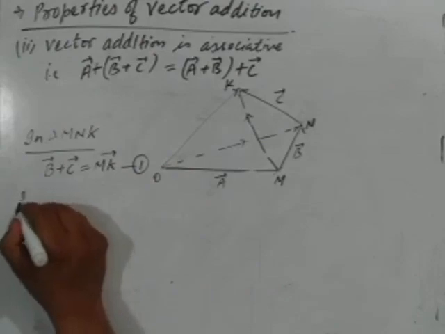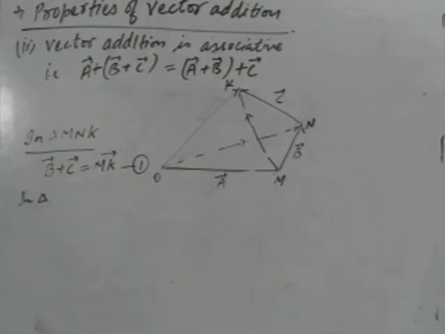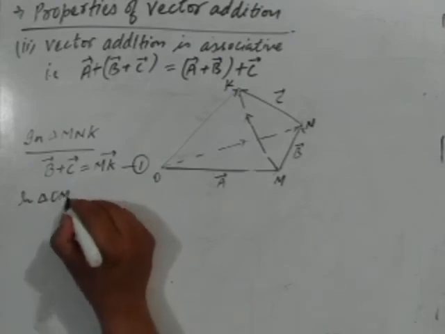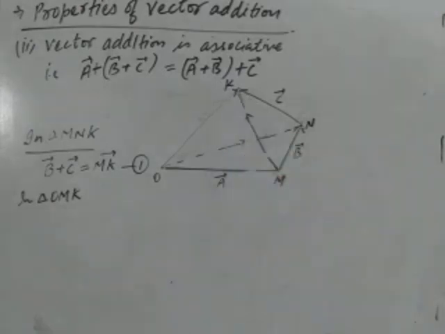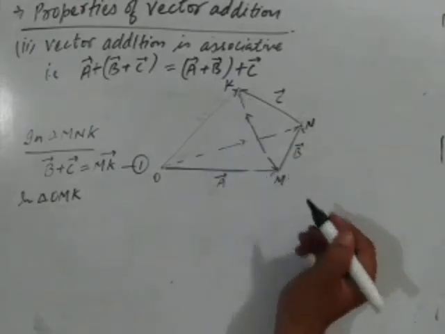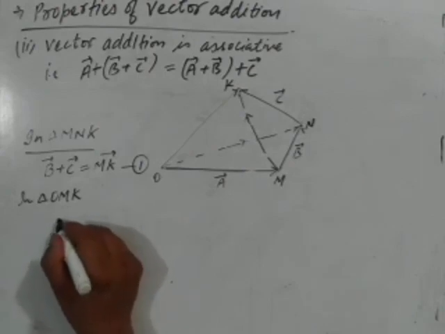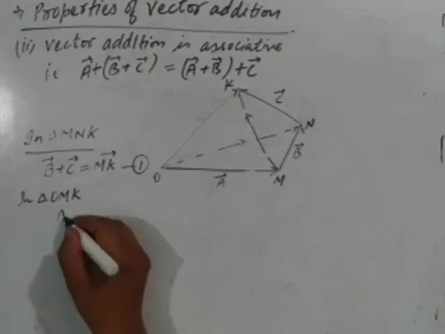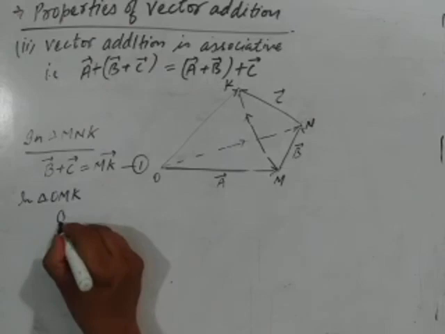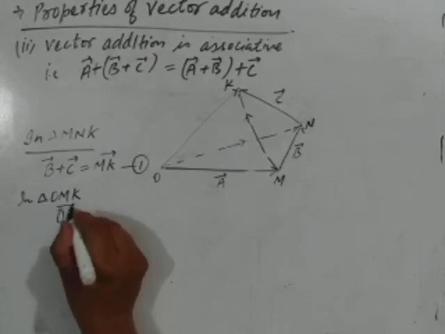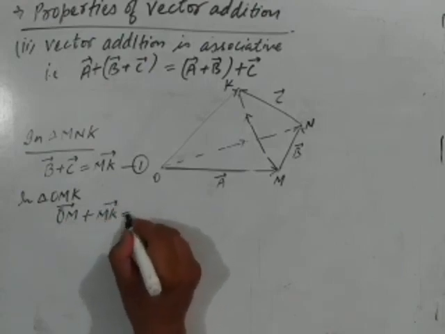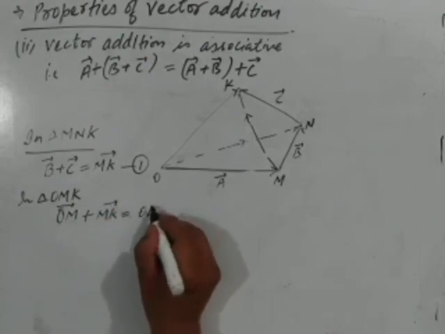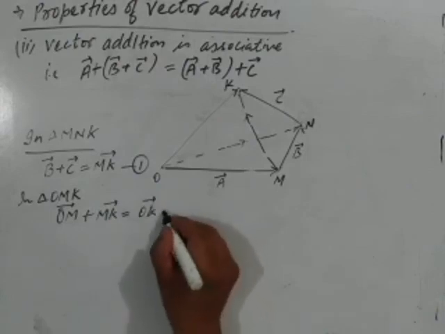Similarly, in triangle OMK, OM vector plus MK vector equals OK vector. This is equation number 2.